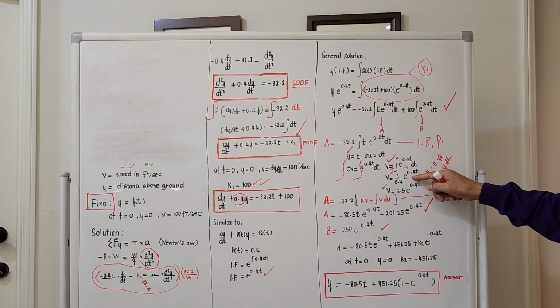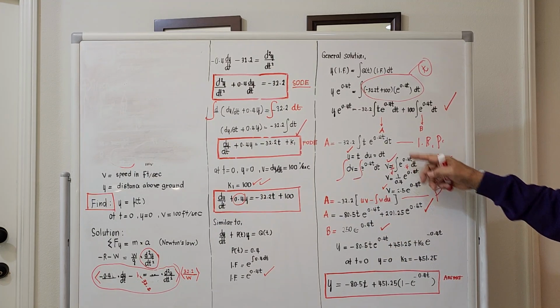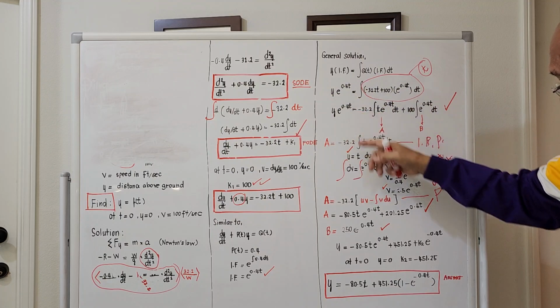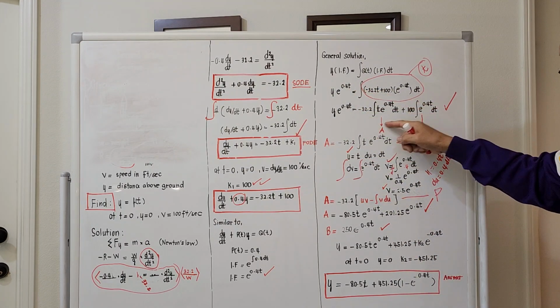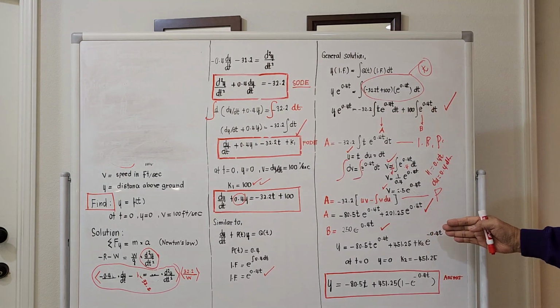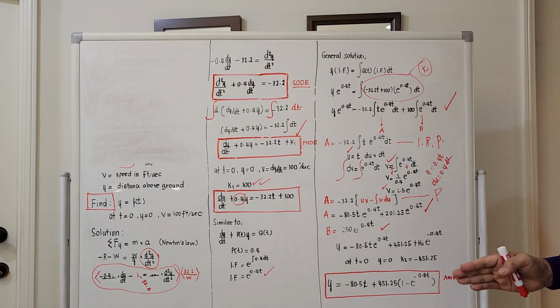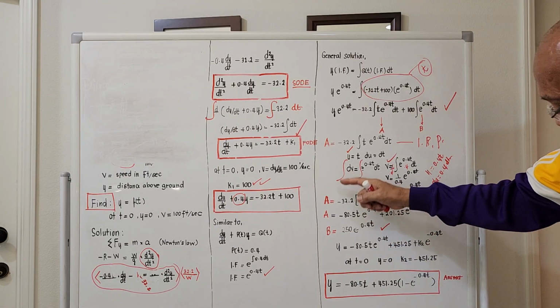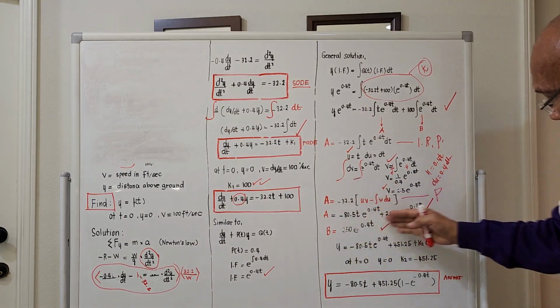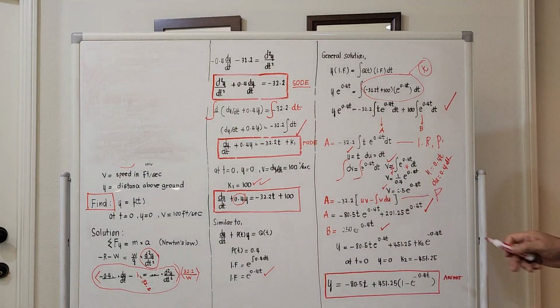So to continue with the solution, y e to the 0.4 t should be equal to the sum of a plus b. I didn't show you the complete introduction, but if you put the value of a and b here and simplify, what will come out here will be this.